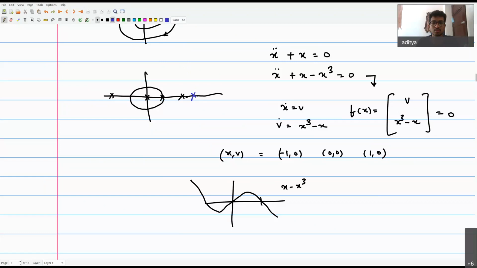I'm starting here, the blue mark. So here v dot will be positive. Hence v will gradually increase. v dot will be positive means we will increase. And since v is positive, x dot is also positive. So x will also increase. So it will go on the right hand side, in the first quadrant.